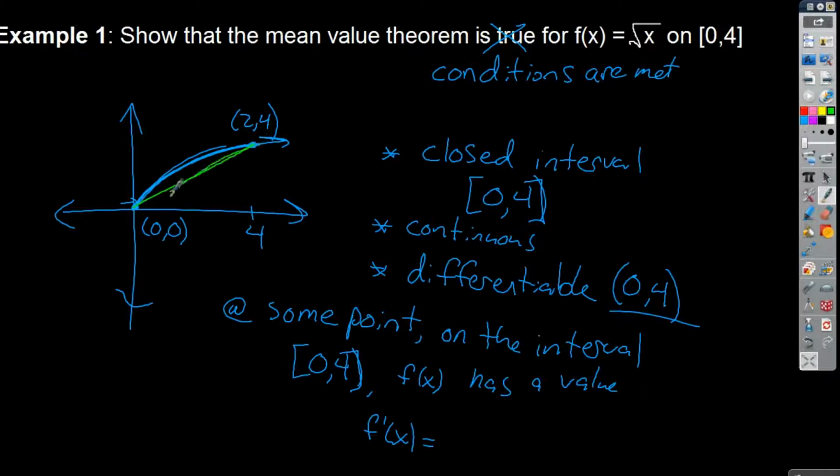The mean slope here is from point 0, 0 to 4, 2. 2 minus 0 over 4 minus 0. At some point, we're going to have a slope of 1/2. And we could find that point, but that's not what the problem's asking us to do. If I were to take a guess, it would be somewhere around there, but my graph isn't perfect.